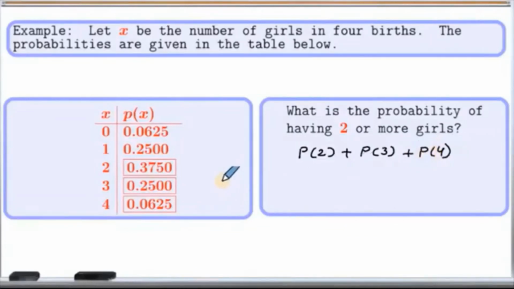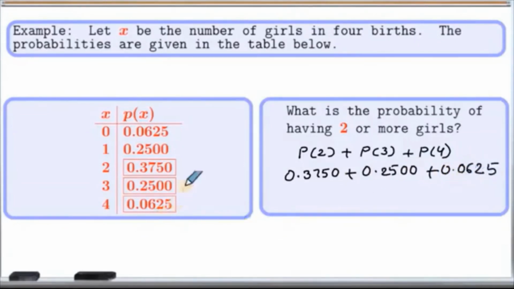From the table, we know probability of 2 is 0.3750 plus probability of 3 is 0.2500 and probability of 4 is 0.0625.